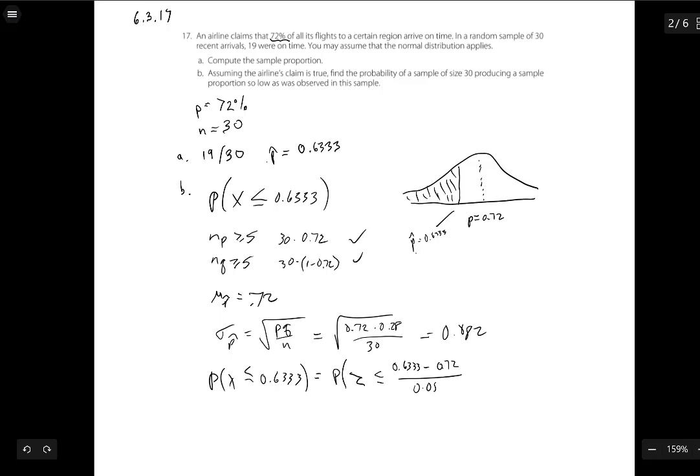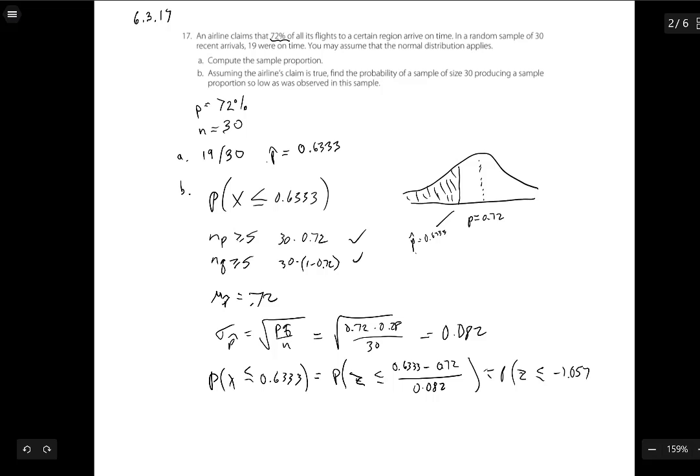Which is equal to the probability that Z is less than or equal to minus 1.057.